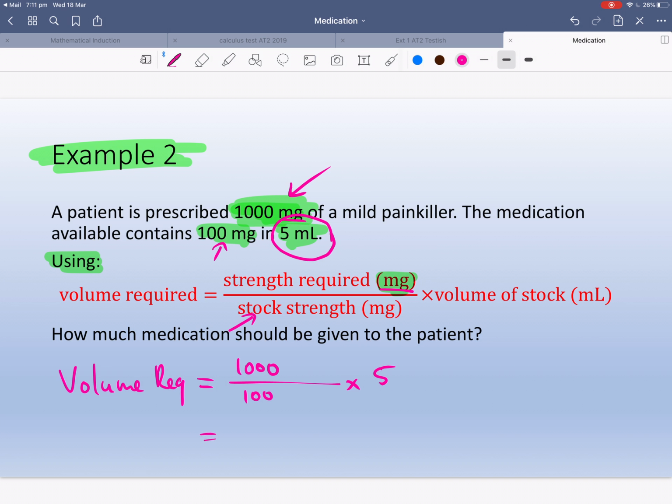Now I'm going to put this in my calculator. 1,000 divided by 100, and then multiply by 5. And I get 50. And our volume is going to be in milliliters, because volume is often in milliliters. So the volume that's required for this patient is 50 milliliters.